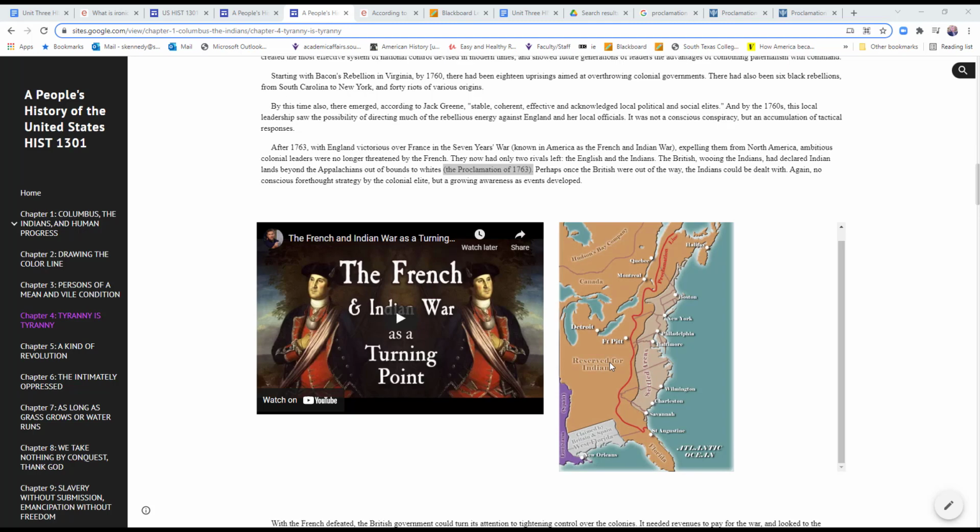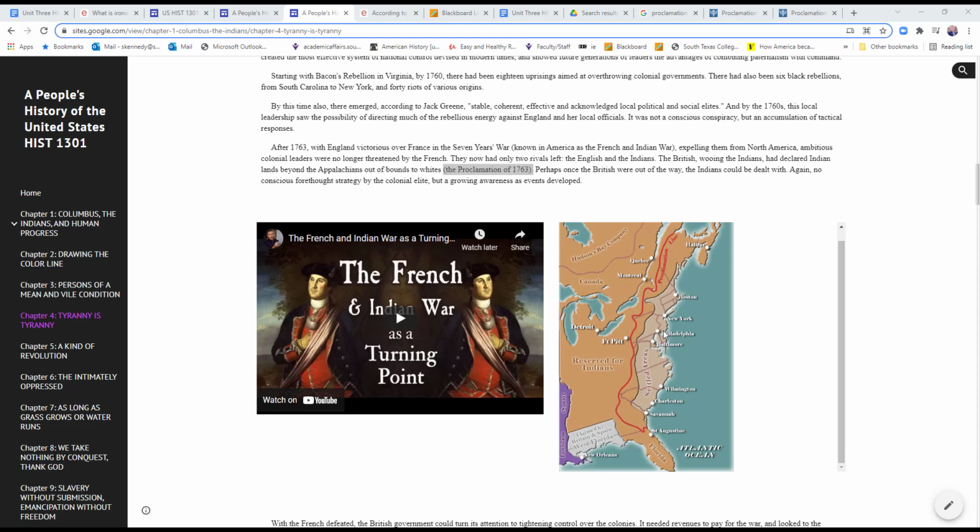And basically, the thinking from the British perspective is that part of how that war happened is that it did come from colonists squatting in Native American land. And so to avoid future conflicts, they're basically carving out a place that is going to be off limits to British Americans in the colonies and reserved for Native Americans here.